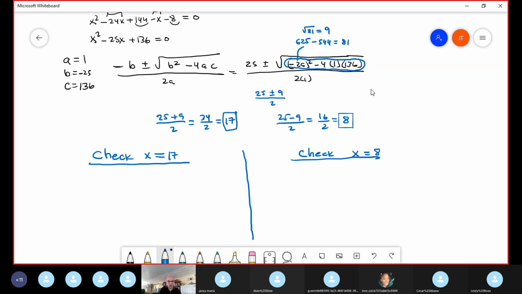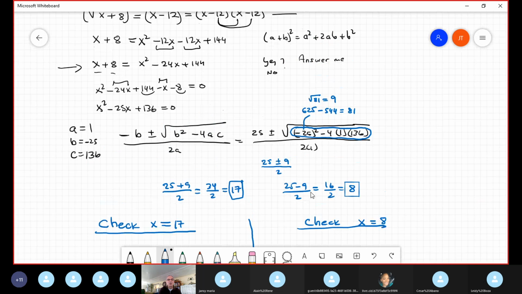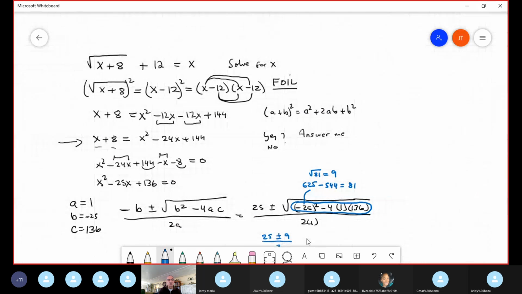Plugging in where? In the original equation. What is the original equation? I don't remember. This was the original equation I never touched. I copy and paste.